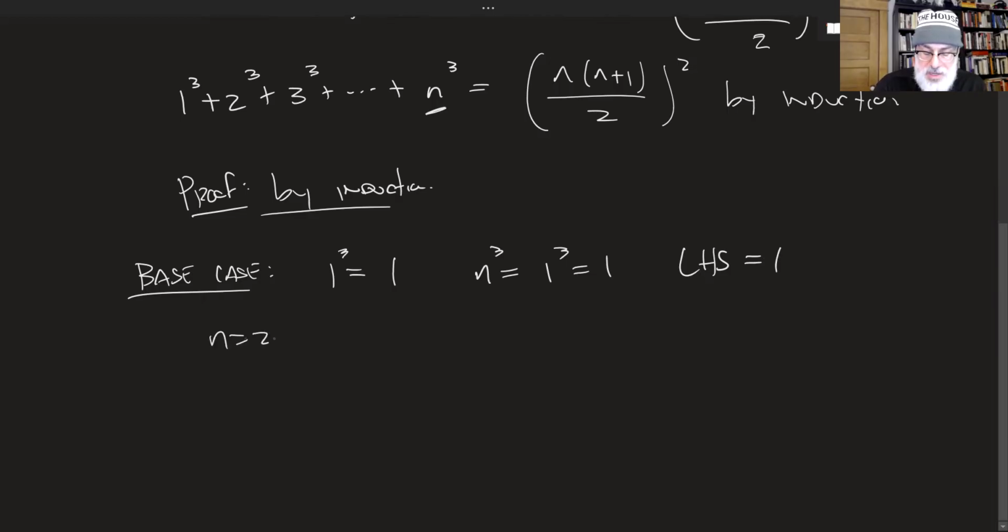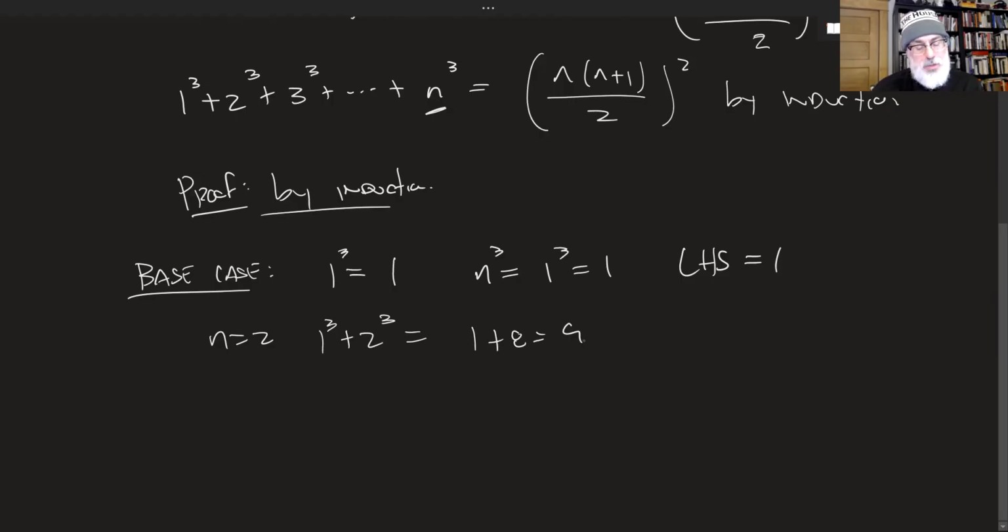If we were to do n equals 2, we would look at the first two terms, right? We would look at 1 cubed plus 2 cubed, and the left-hand side would equal 9.